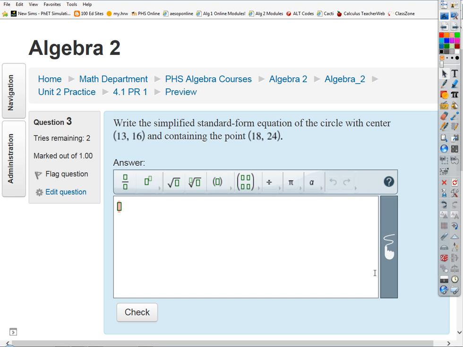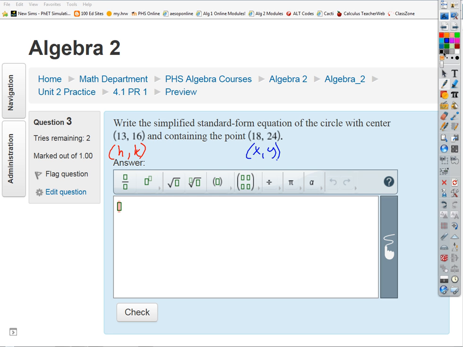They're giving us the center, so they're giving us 2 of the 3 parameters, but we don't know what the radius is. So if they tell us that H is 13 and K is 16, and then this is just another point on the circle, that's a solution. Those are values of the variables X and Y that work.